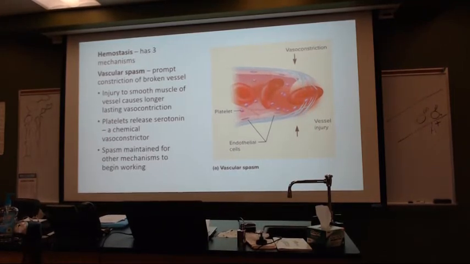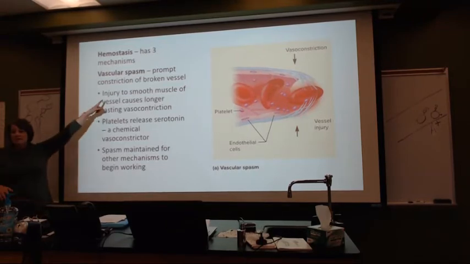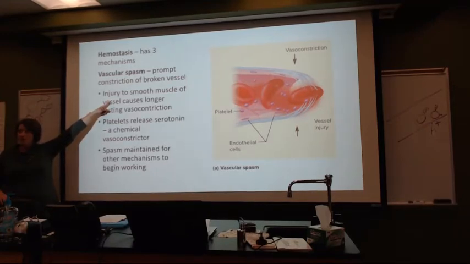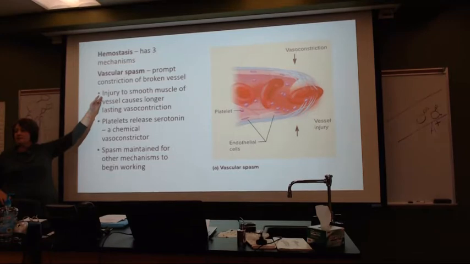If a vessel has been breached, broken, it creates like a spasm. Now, once a vessel is broken, these vessels are smooth muscle, all right? We don't control their activities.